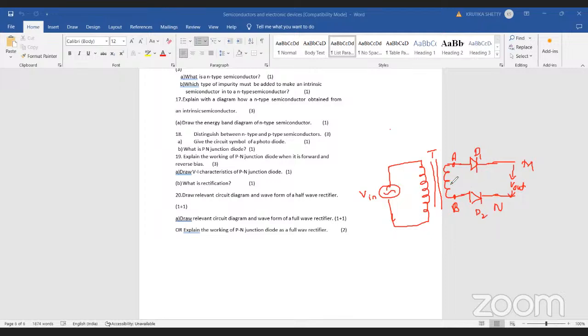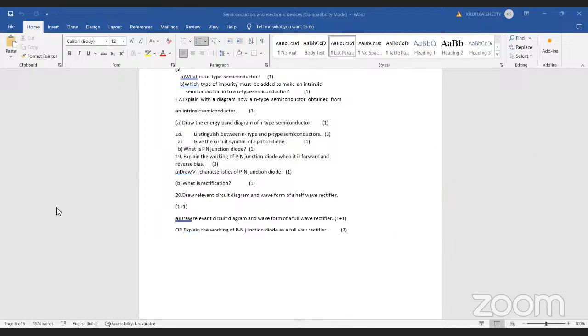This is D1, this is D2, and this is the load resistor. This is the V output. This is the full wave rectifier with two diodes, and the half wave rectifier will be with one diode. I hope you have the diagrams in your notes.